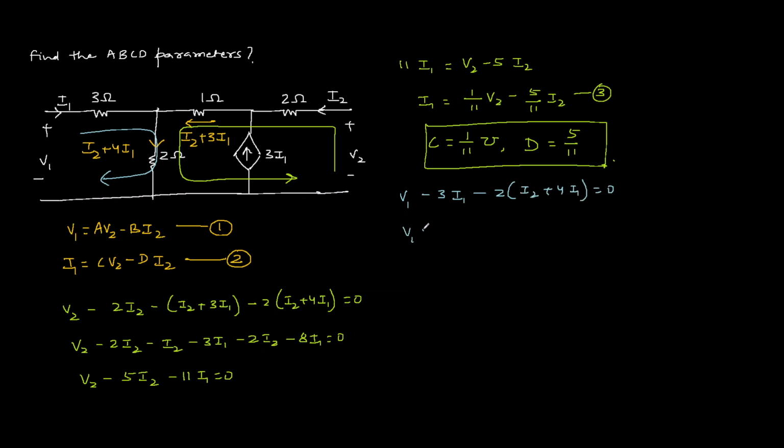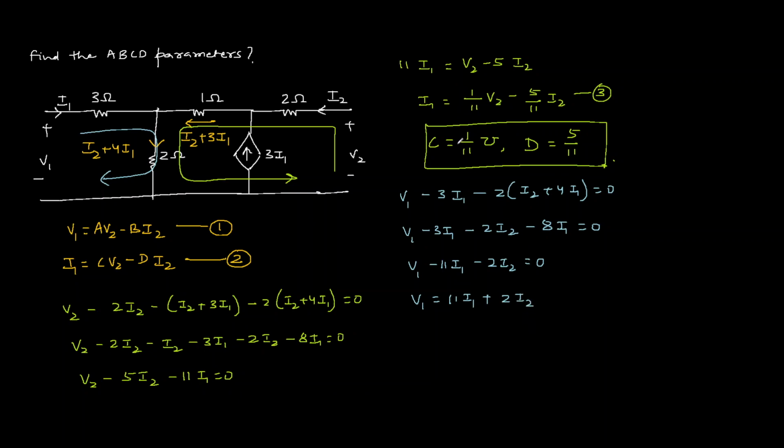So this is V1 minus 3I1 minus 2I2 minus 8I1. So V1 minus 11I1 minus 2I2 equal to 0. So V1 is 11I1 plus 2I2.